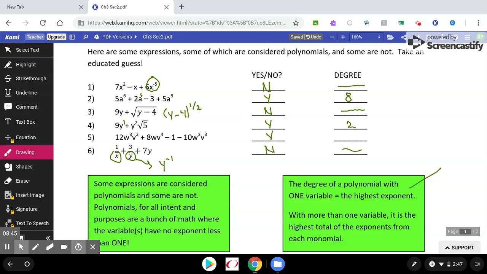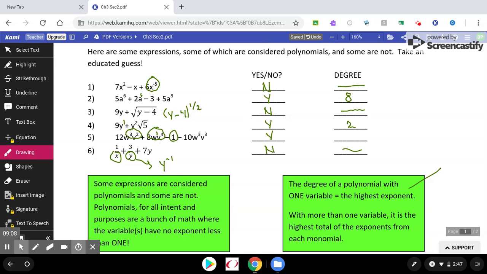But on number 5, there's more than one variable. There's a w and a v. So here's how you go about doing it. You're going to total up the exponents for each part. The total of the exponents for that term is 5. That's understood to be an exponent of 1 right there. The total of the exponents for that term is 5.